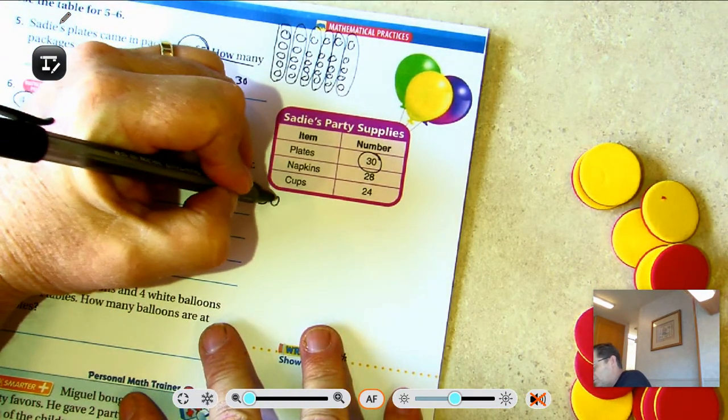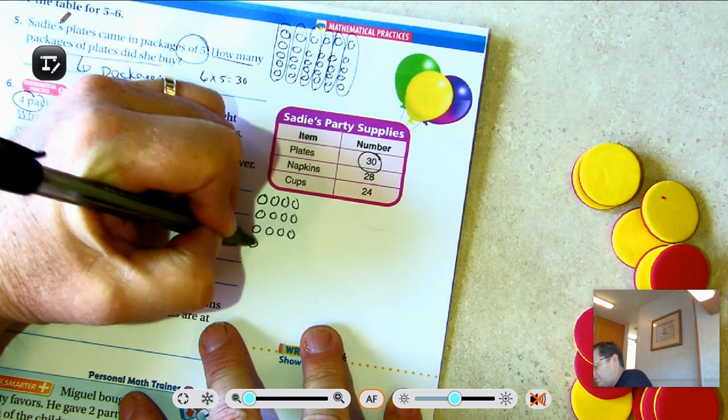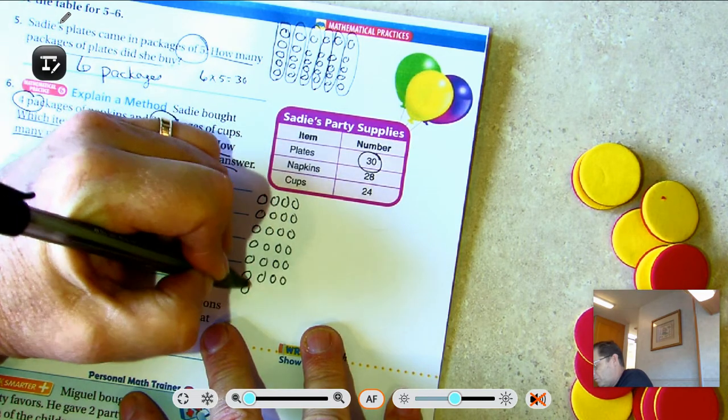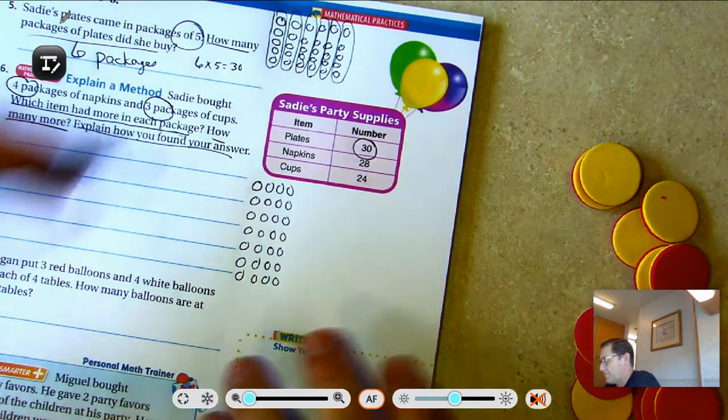So 1, 2, 3, 4, 5, 6, 20, 24, 28, and 3 packages of cups.